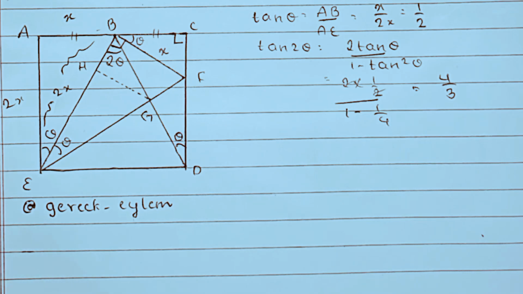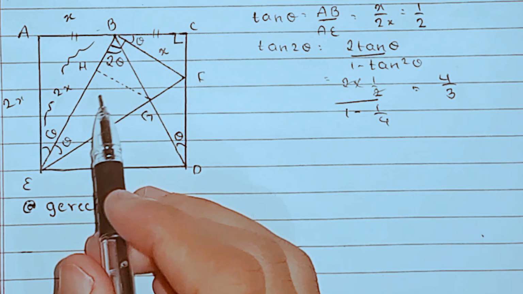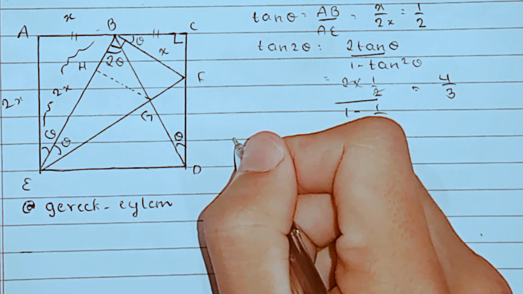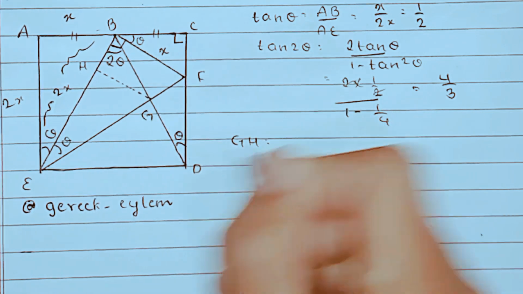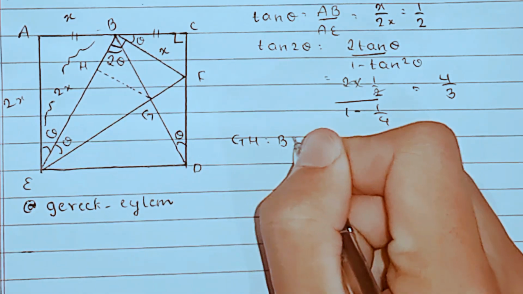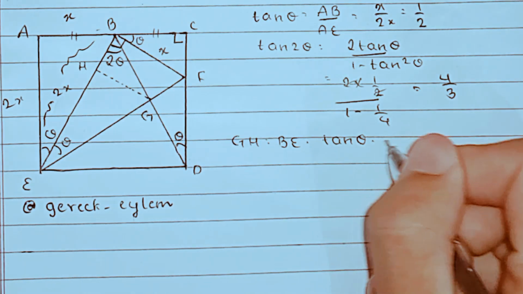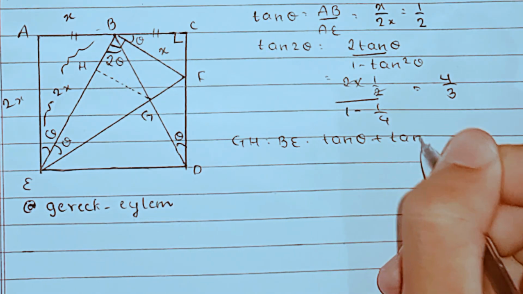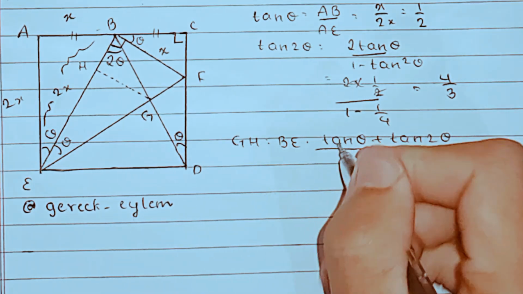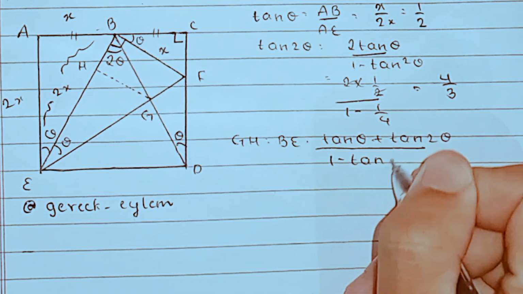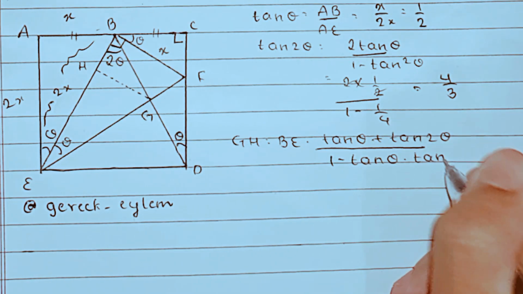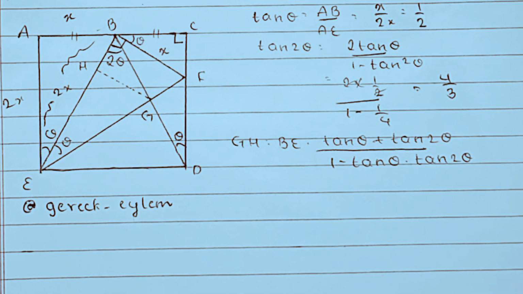Now what we can do is find the value of GH. For it we will use a basic formula, that is GH is equal to BE into tan theta plus tan 2 theta upon 1 minus tan theta into tan 2 theta.